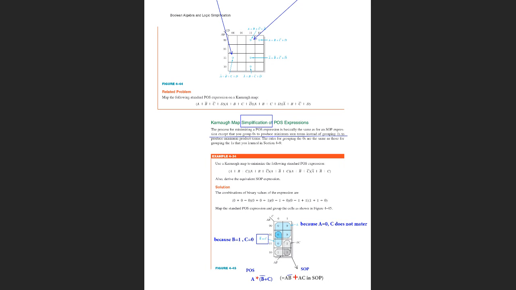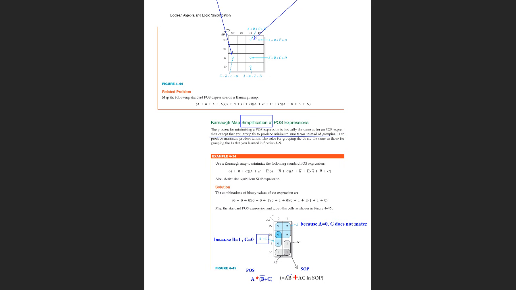Then we have a group of 2. Okay, in the second row 0, 1, in the row 1, 1. We have a group of 2, so 2 power 1 is 2, so we can eliminate 1 variable.